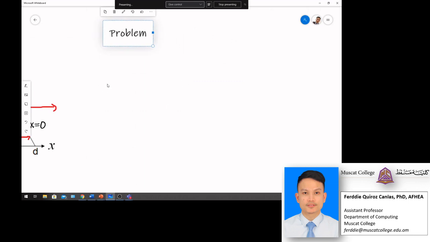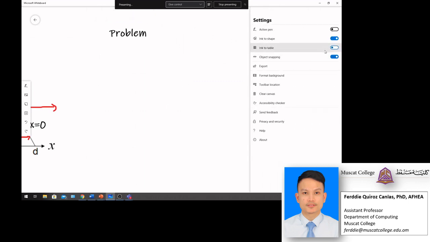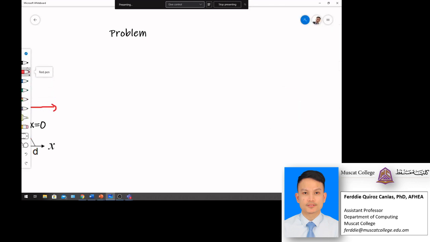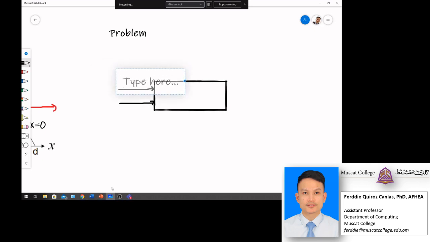So our problem has these inputs. This is our fuzzy system. It has two inputs. Input 1 is about temperature. This is the first input.